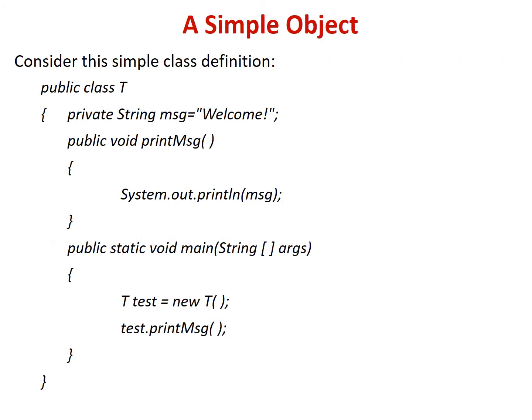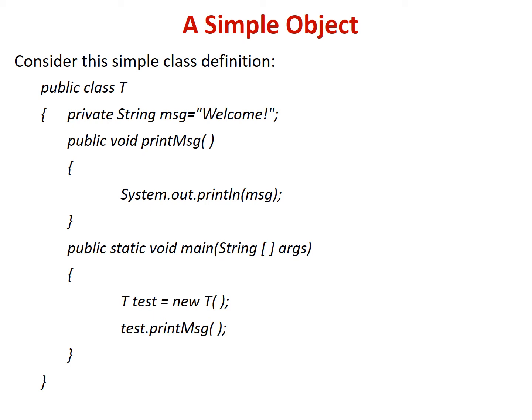Here is the example of creating a simple object. In this example, one class T is defined which contains one private data item called message, which is initialized to the string welcome. After that, there is a method called printMessage, which displays the value of the data item message.